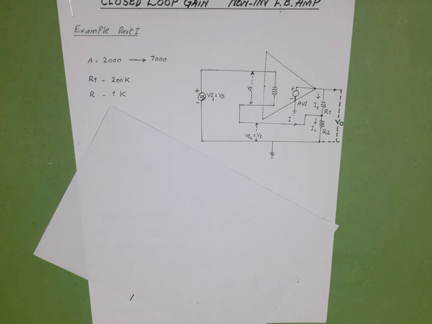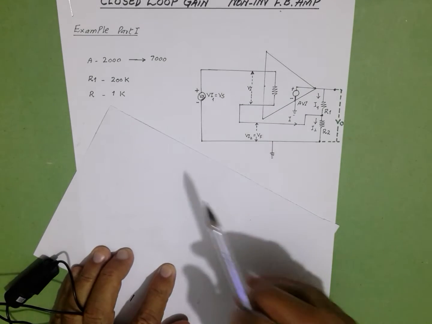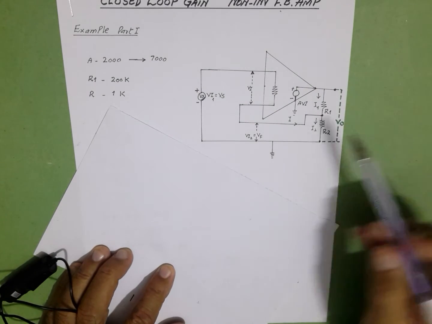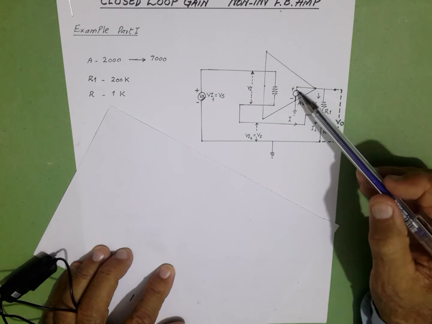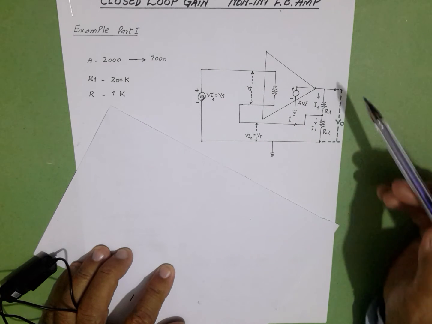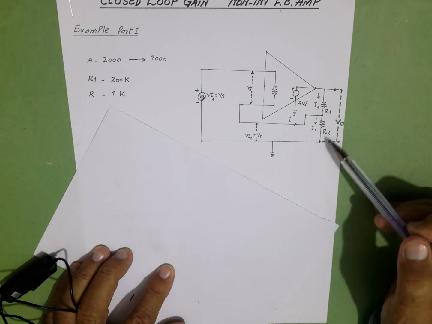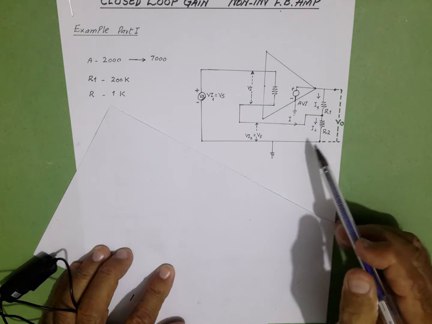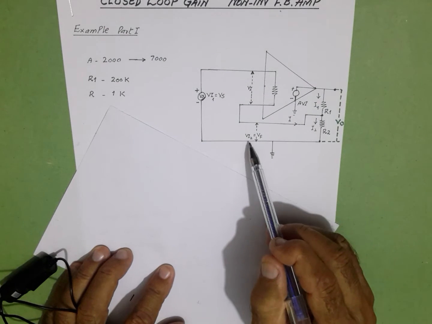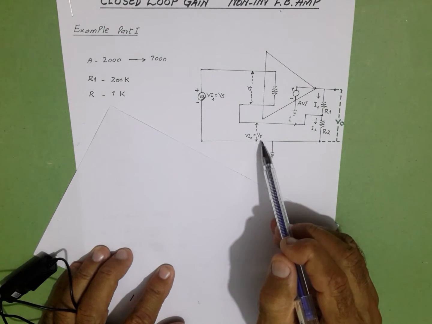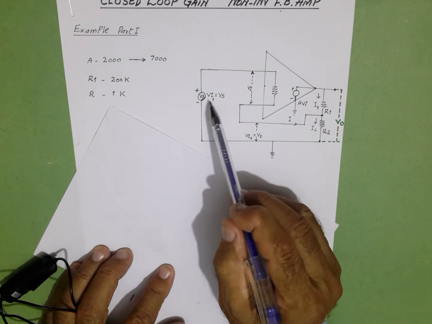Looking at the circuit, we have feedback amplifier R1 and R2. They are connected across the output, with a controlled generator A V input 1. The voltage across R2 is taken and fed back at the input, and this voltage is called V input 2, the feedback voltage, and this is the source voltage V input 1.